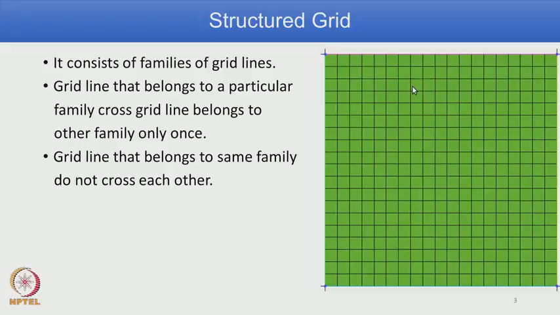And we also learned that the number of surrounding nodes for every grid node is the same for the structured grid. We also learned the advantages as well as disadvantages associated with structured grid.